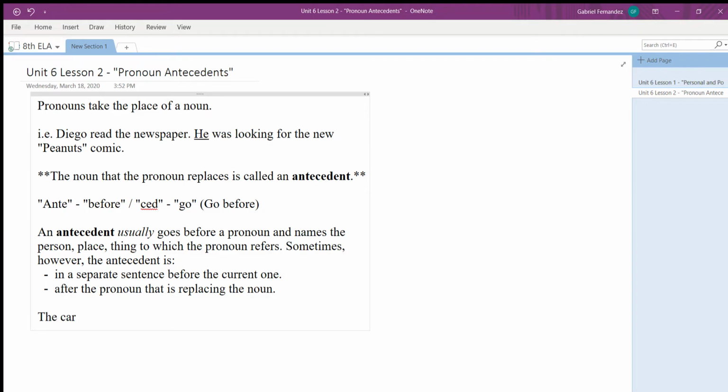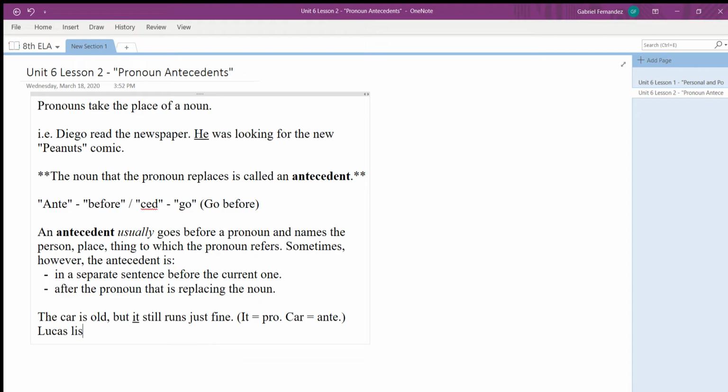The car is old, but it still runs just fine. It, pronoun, antecedent, car. Let's go ahead and write that down. It equals pro, car equals antecedent. Okay?